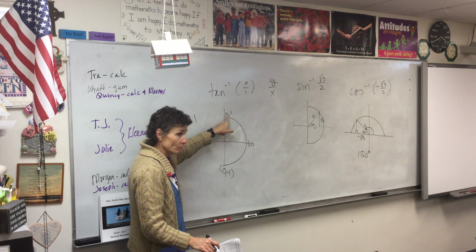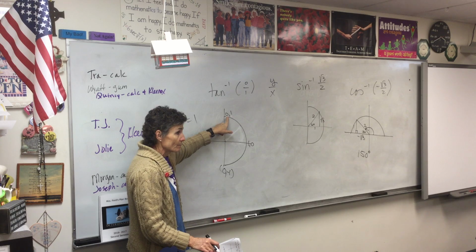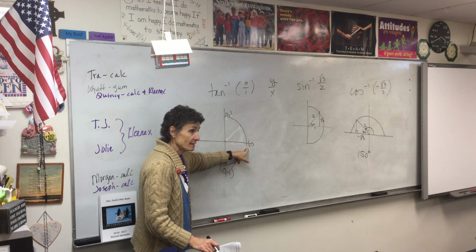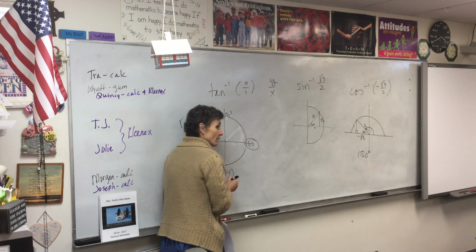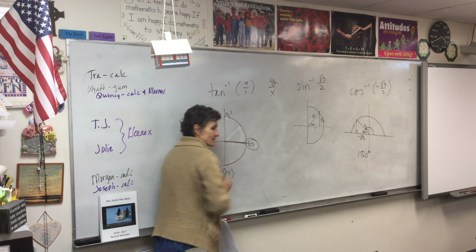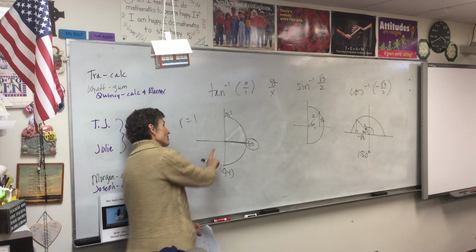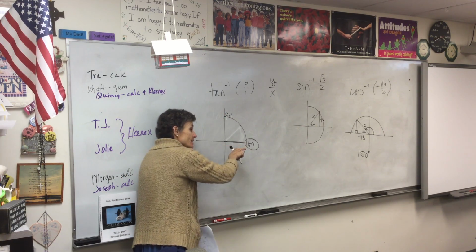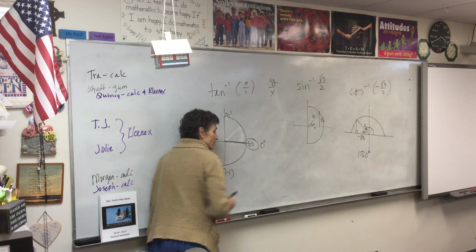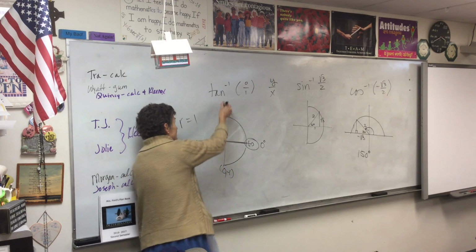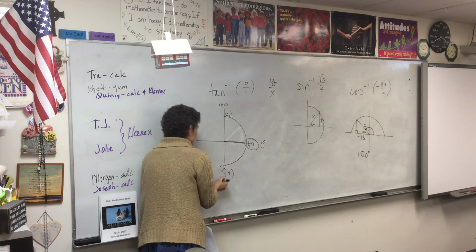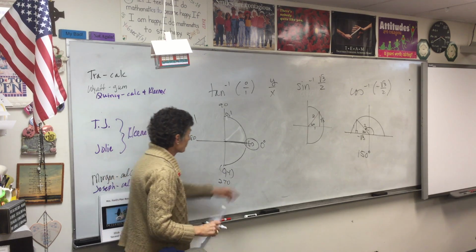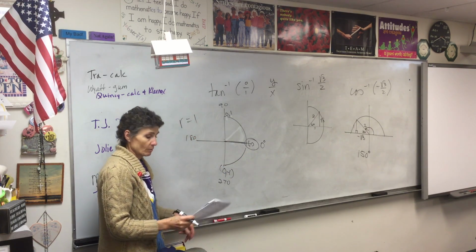So that would be 1 over 0. That's not what I want. How about this one? 0 over 1? That's it, isn't it? So that's where I want to be. What angle is that? No, that one's 90. This one is 0. That's 0. This is 90, this is 180, and this is 270, remember? So the answer to the problem is 0.